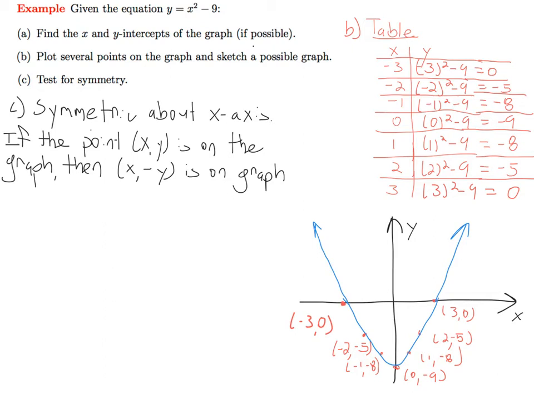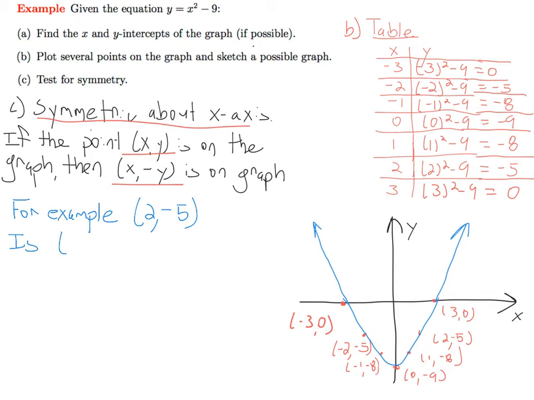So let's see if that holds for some of the points that we've got on our graph. So for example, we had the point (2, -5), which was on the graph. And so if it's symmetric, then its reflection across the x-axis should also be on the graph. And so let's check to see whether this holds.